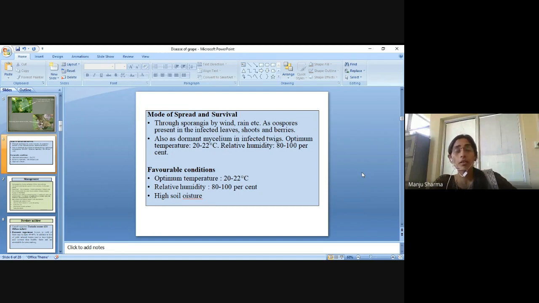The favorable conditions are an optimum temperature of 20 to 25 degrees centigrade, maximum 22 degrees, relative humidity of 80 to 100%, and high soil moisture. So these are the conditions which are favorable for the pathogen.